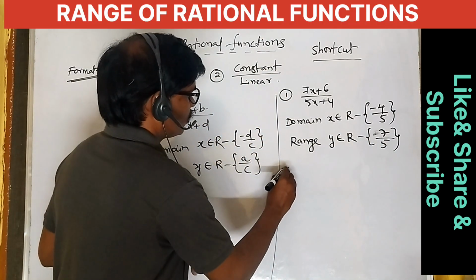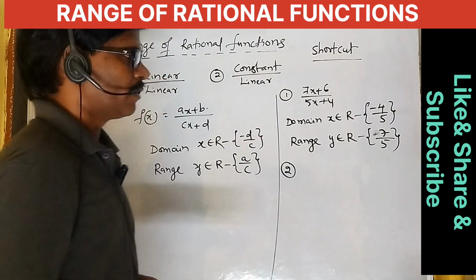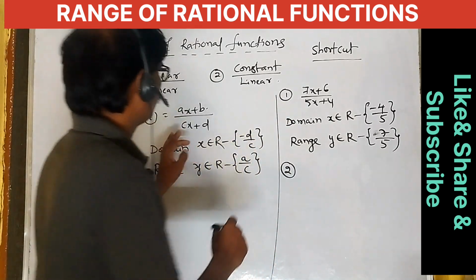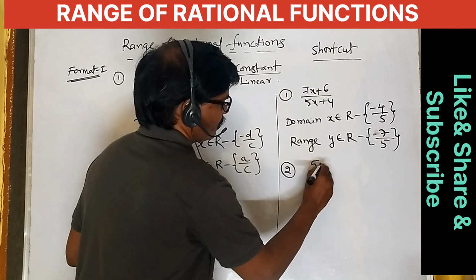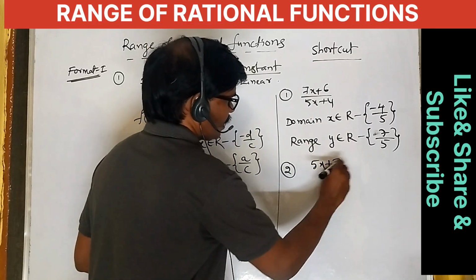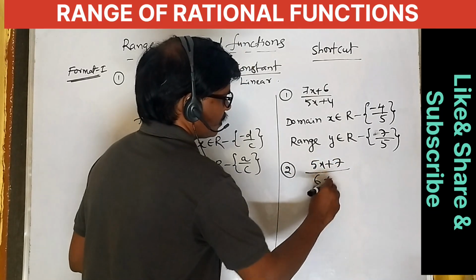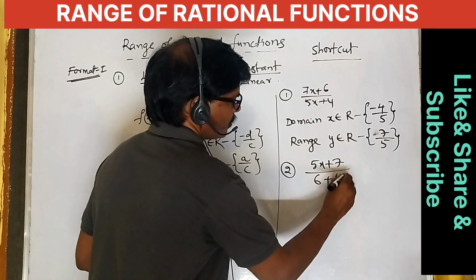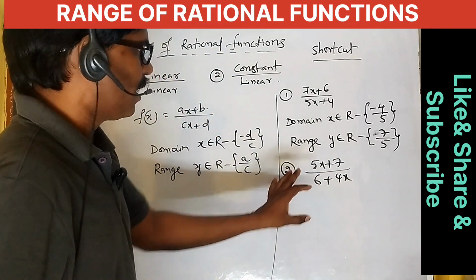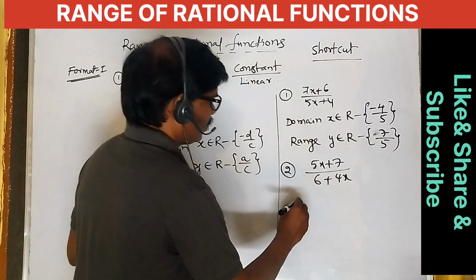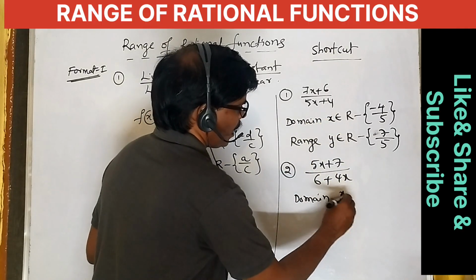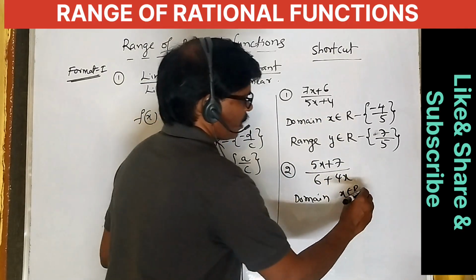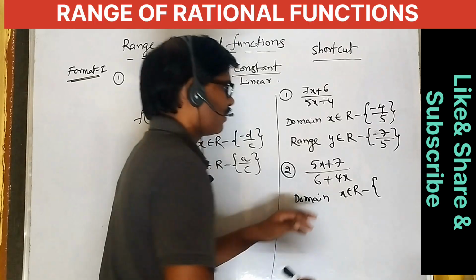Next, question number 2, also linear by linear: (5x + 7)/(6 + 4x). What are the domain and range? The domain is x belongs to R minus {-d/c}. Here d is 6 and c, the x coefficient, is 4. So d by c is 6 by 4, which is 3 by 2.